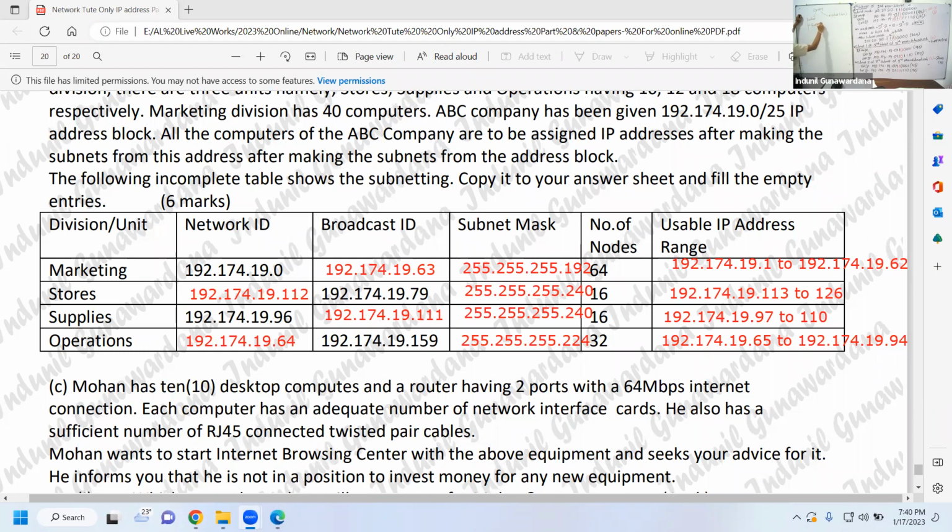We need to have 12, then we need to have source 10, and what is the other one? Operations. Operations we need to have 18. These are the requirements we need.